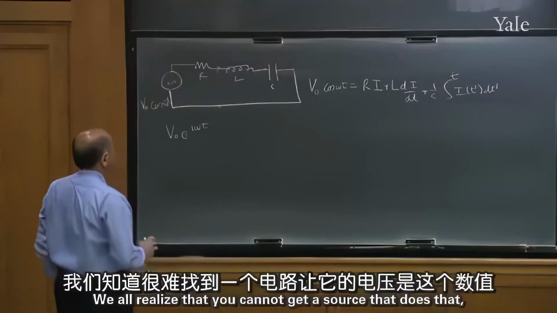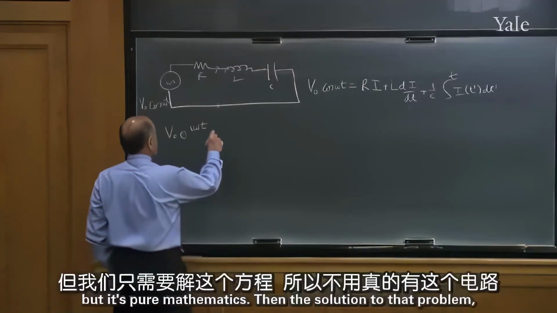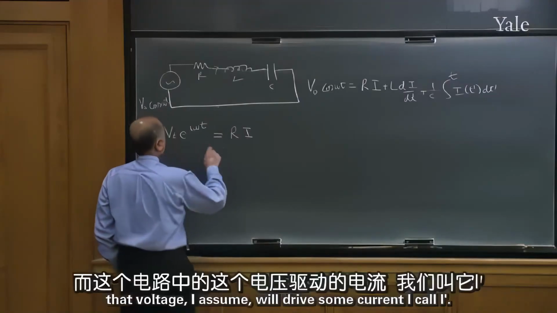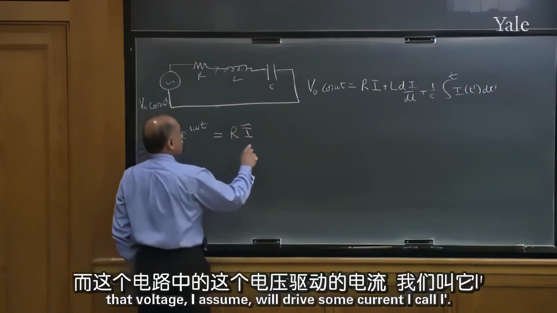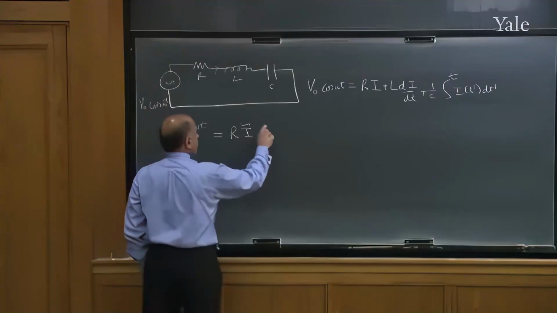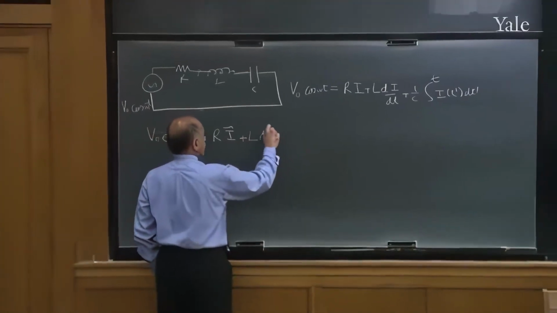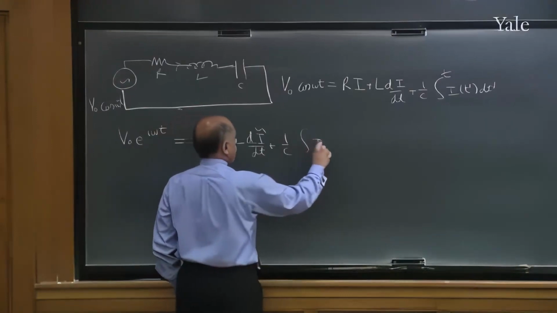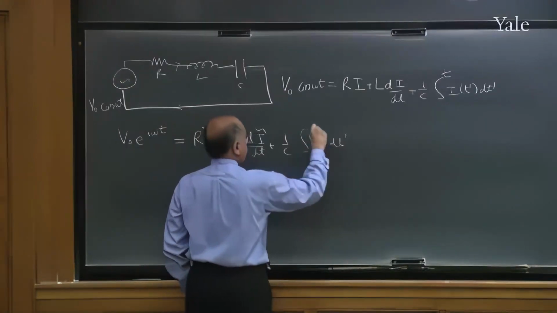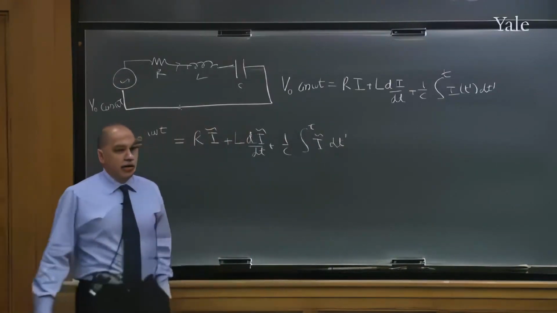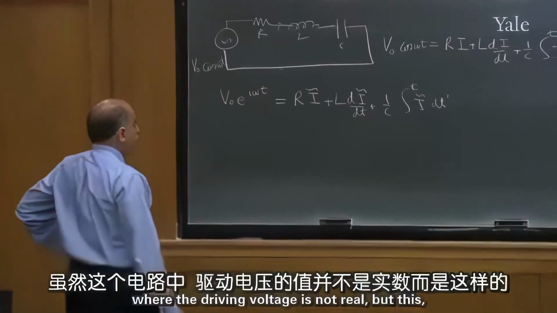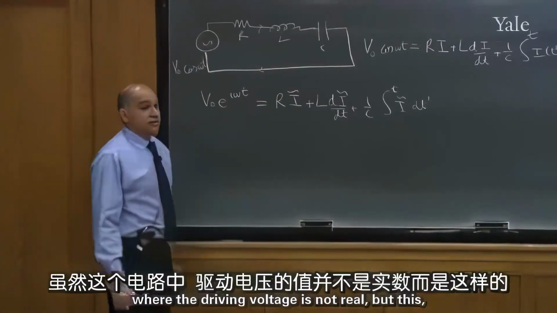We all realize that you cannot get a source that does that, but it's pure mathematics. Then the solution to that problem, that voltage, I assume, will drive some current I call I twiddle.